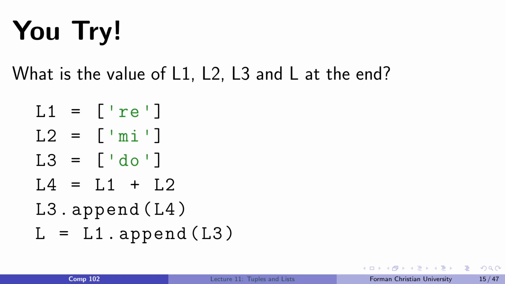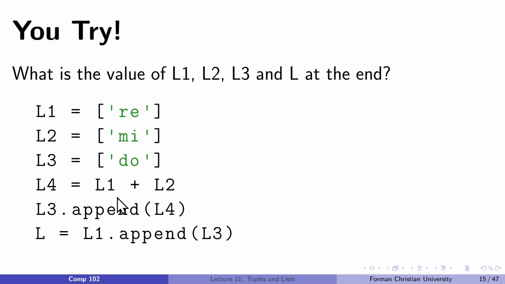All right, so this one is a little bit tricky. Look carefully. We start with L1 equals a list with one item, RE, that's a string. And L2 similarly is a single string, one item in this list. And then L3 also has one item, a single string in this list. Now, as we have already seen, the plus operator is going to combine 2 lists and create a new list and then return that.